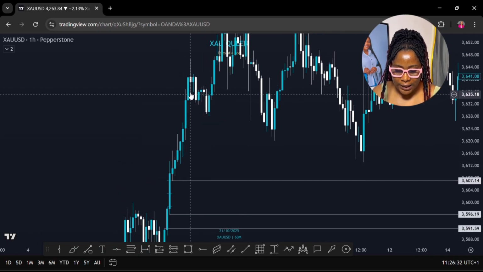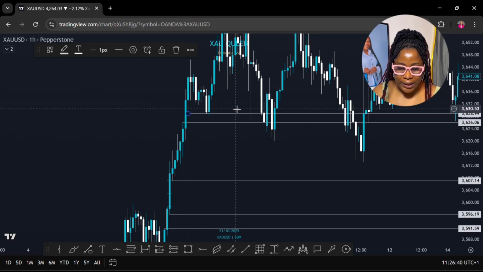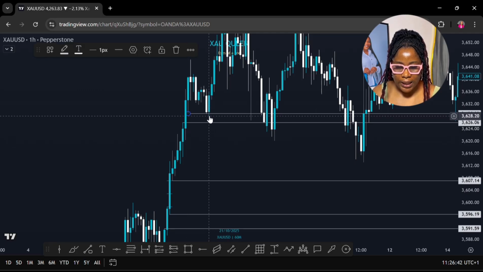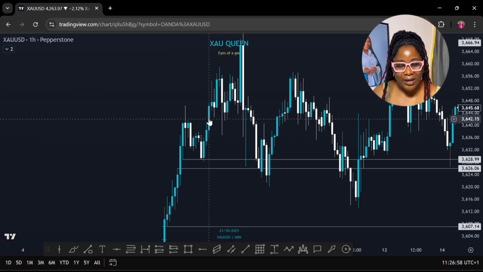Yeah, of course price respects breakaway gaps. See here, you can see this is a breakaway gap and price tapped into it and bought. Price respects breakaway gaps, but the majority of the time those gaps are always traps, especially when you see a valid fair value gap.